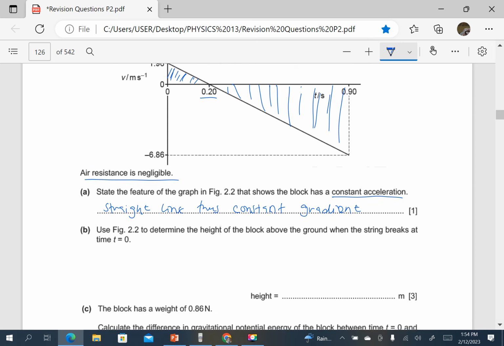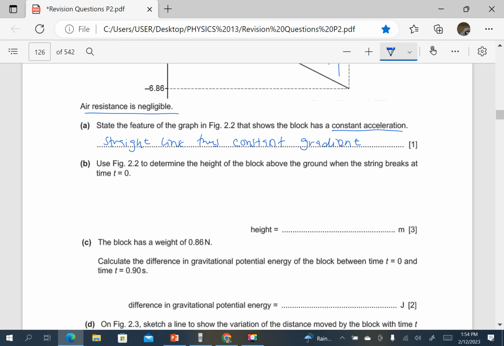Okay, so the displacement is going to be equal to, first of all, let's find the displacement until 0.2 seconds.